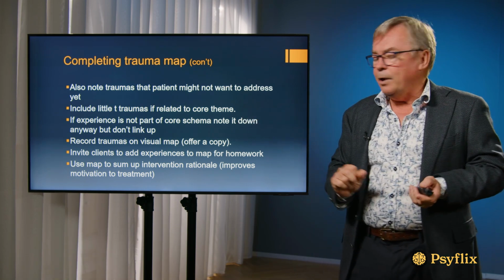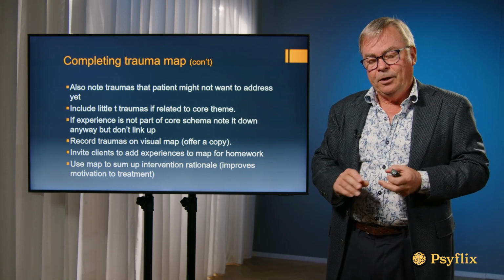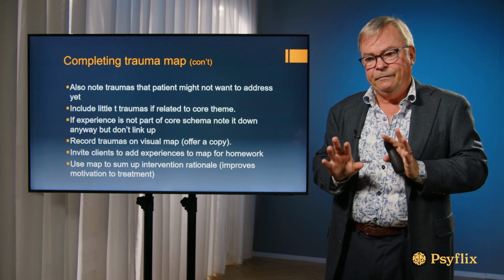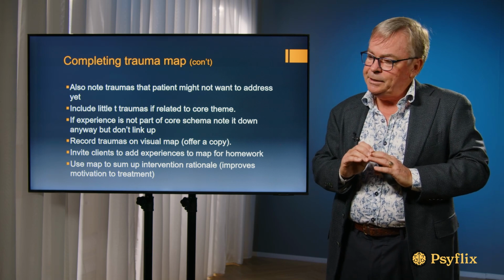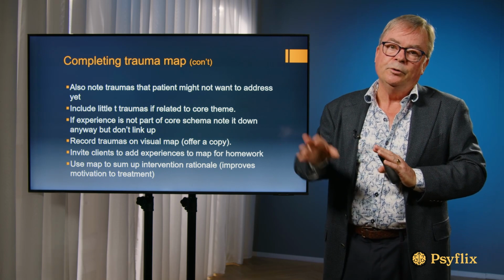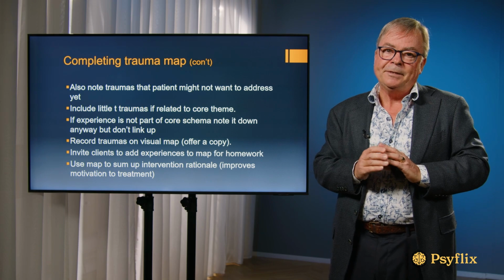The other thing I just want to mention is that although this is a PTSD-focused technique, in the IRAM study, most of the therapists ended up putting what Shapiro called little t traumas. So experiences of deprivation, experiences of emotional abuse were also put onto that piece of paper.